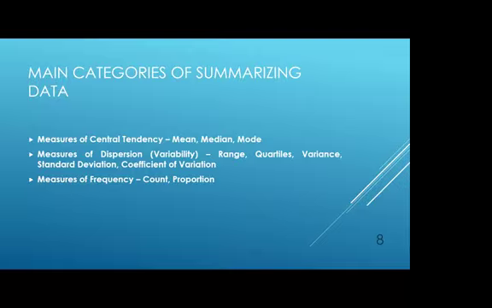You can find the variance, standard deviation, and coefficient of variation. You see that variance and standard deviation are interrelated, because standard deviation is the square root of the variance, but anyway, these two are considered separate measures. And then you also have measures of frequency, like count and proportion. So these are measures of frequency.